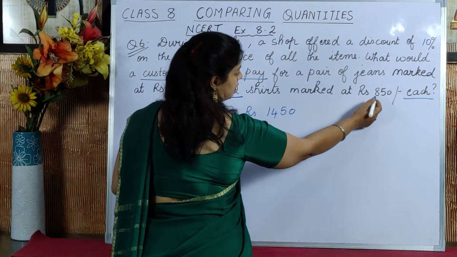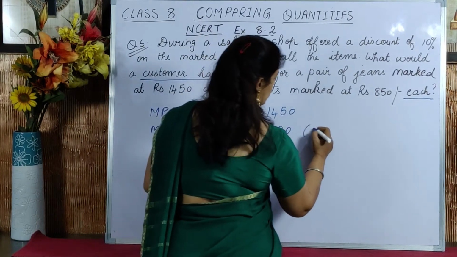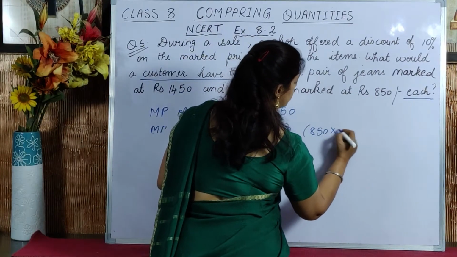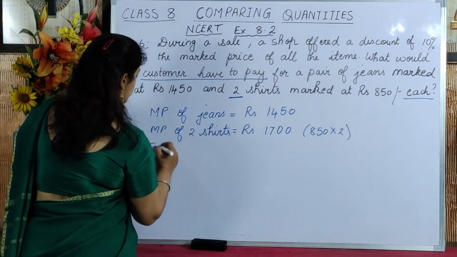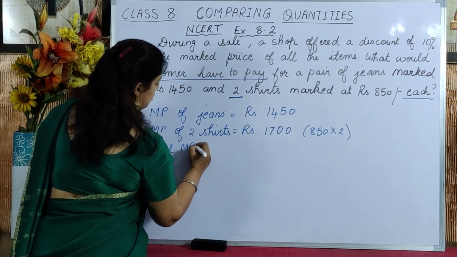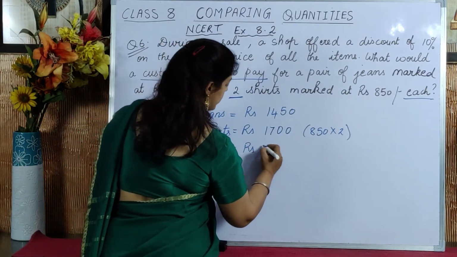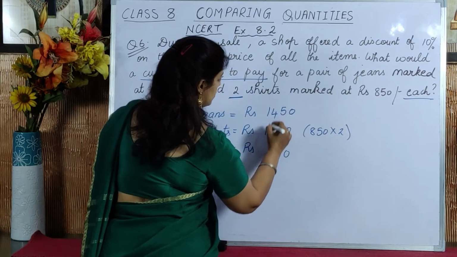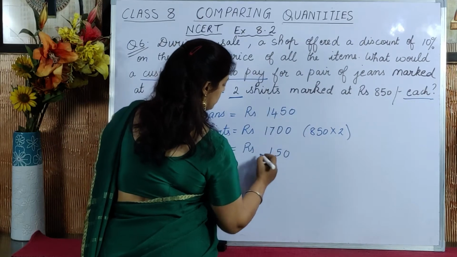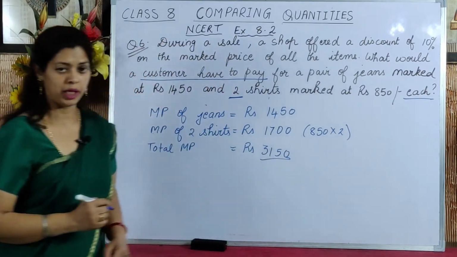That gives 1700, which is 850 multiplied by 2. So therefore total marked price is how much? If you add this, you get the total marked price. 0 plus 0, 0, 5 plus 0, 5, 4 plus 7 is 11, carry 1. So 3150 is the total marked price.